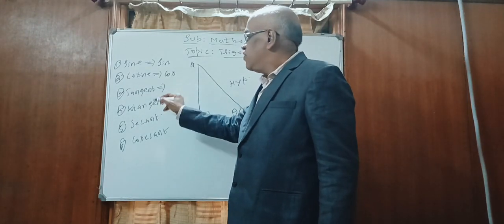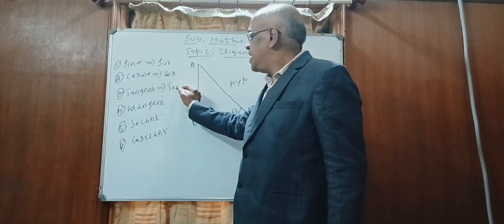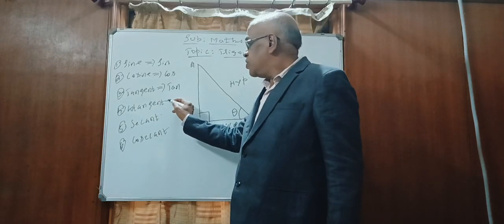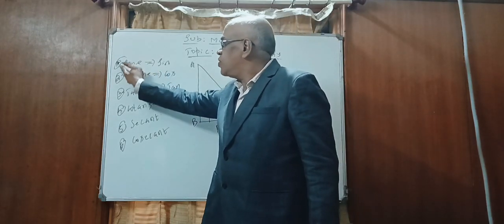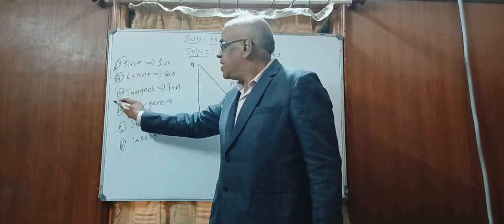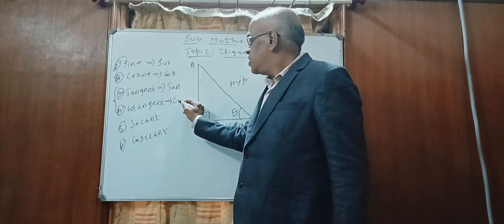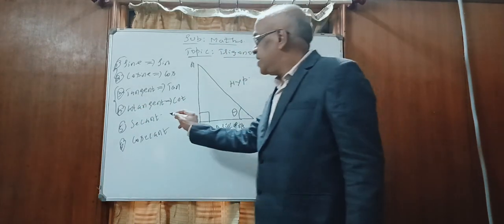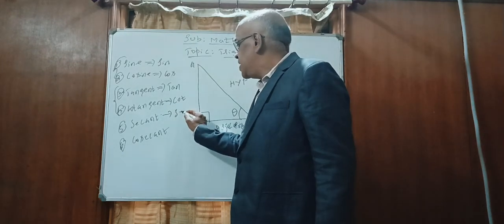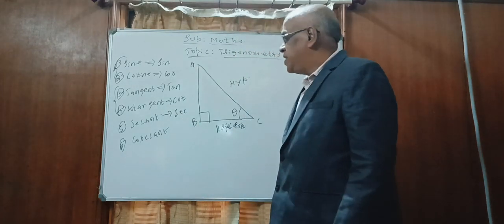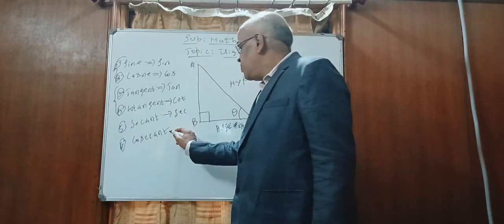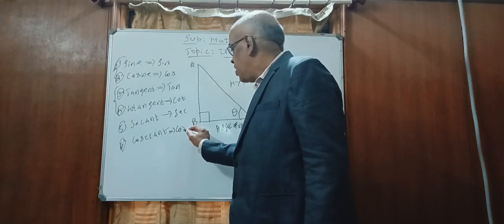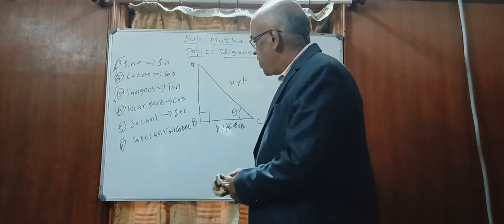Short form is tan. Then cotangent: sine and cos are co-ratios, similarly tangent and cot. Short form of cotangent is cot. Fifth one is secant, short form sec. The last one is cosecant, short form cosec.